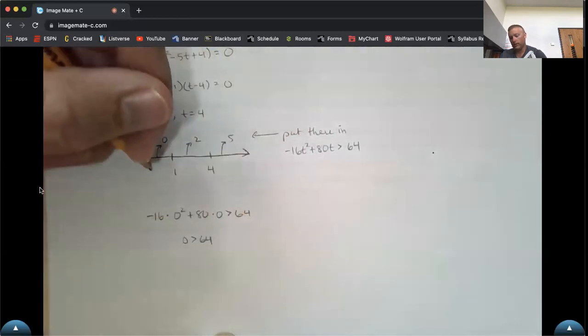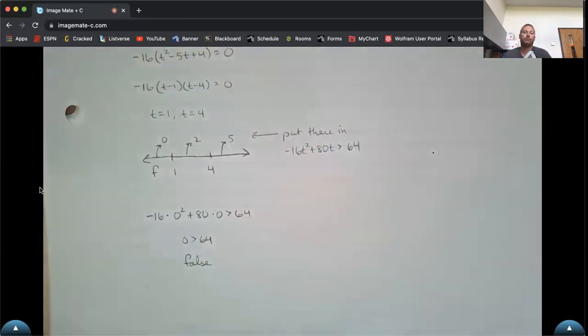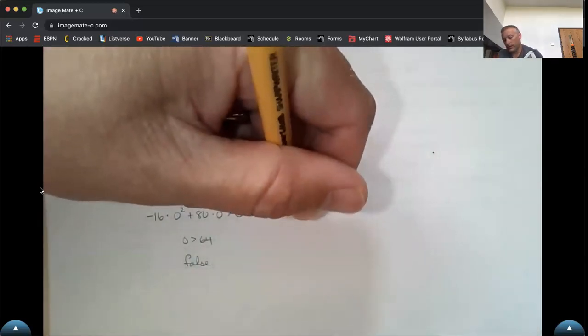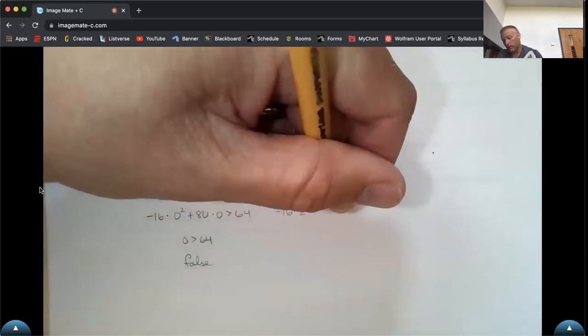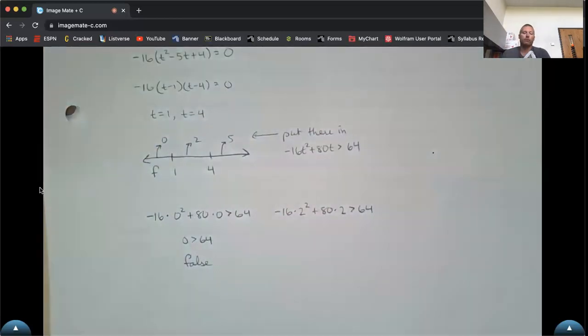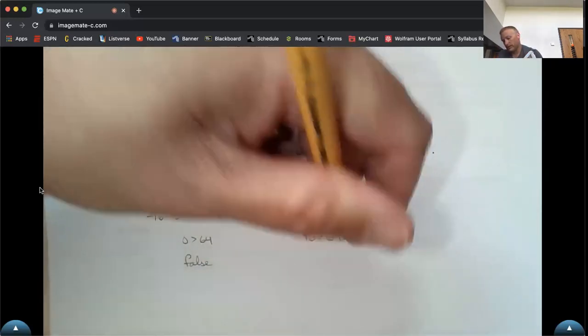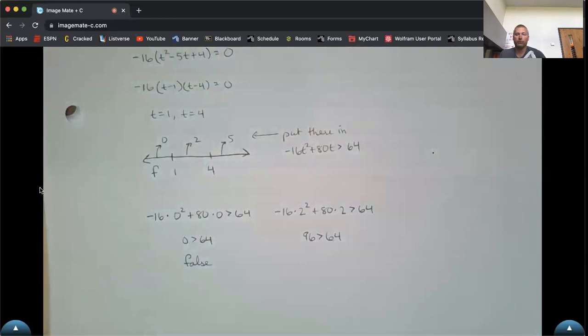So 0 is greater than 64, and that is, of course, false. If we plug in 2, that would say negative 16 times 2 squared plus 80 times 2 is greater than 64. In other words, 96 is greater than 64, and that is, of course, true.